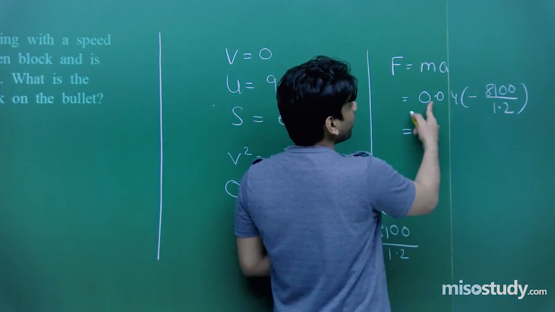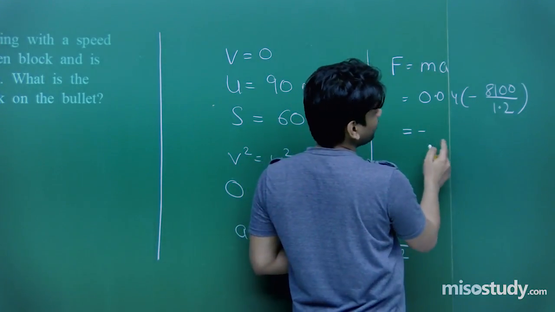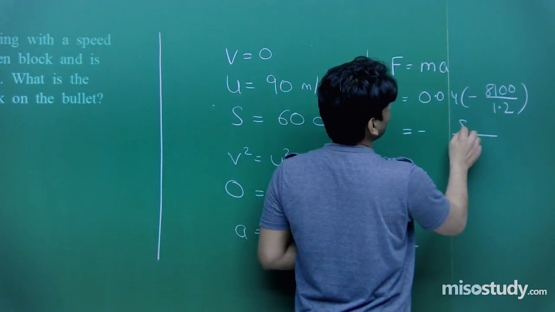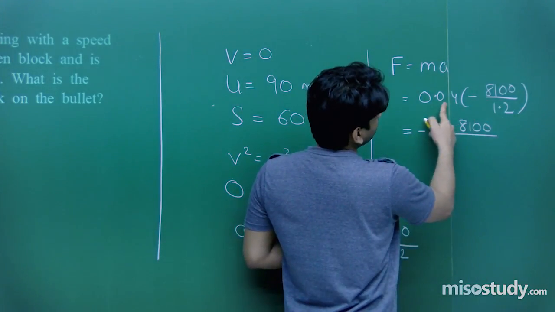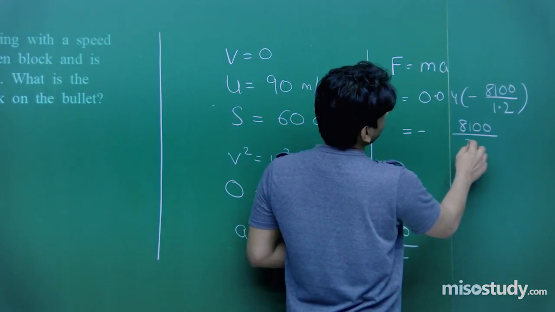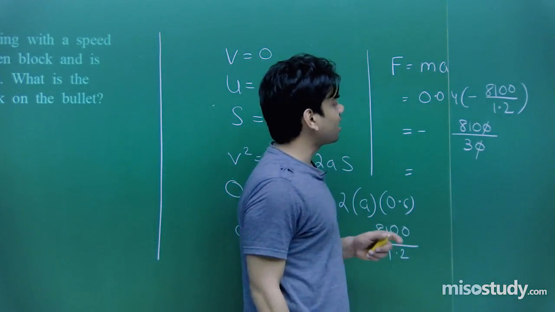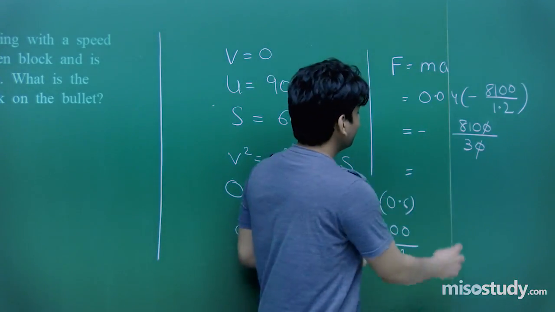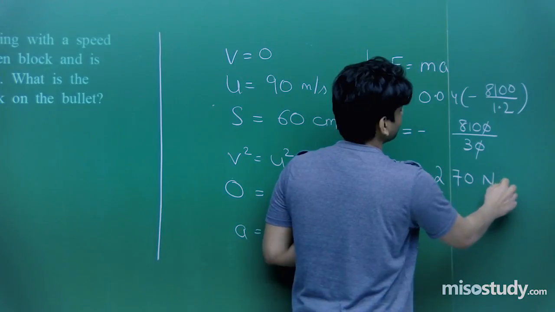Now see, 0.04 and 1.2 can be divided, so you'll be obtaining 8100 divided by 30, and then easily you can see the resultant answer, 810 by 3, comes out to be minus 270 Newton.